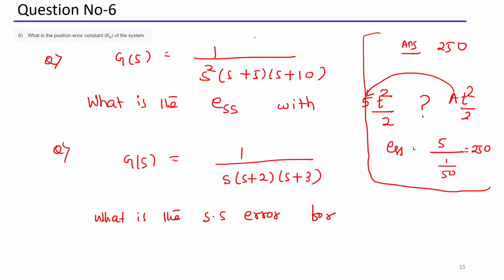In the option, it is a by k, right? So the answer is 250, right? Yes, sir. But actually here I'm saying that the answer is not 250. Here the answer is steady state error not defined, meaning we are not able to find out the steady state error.